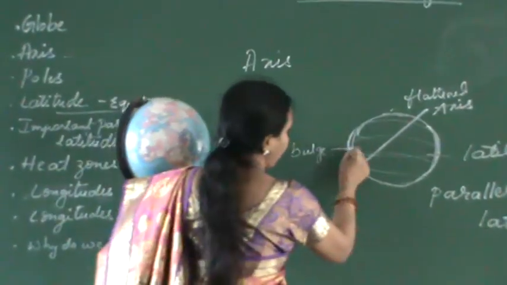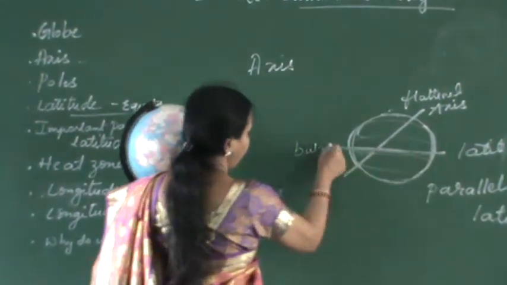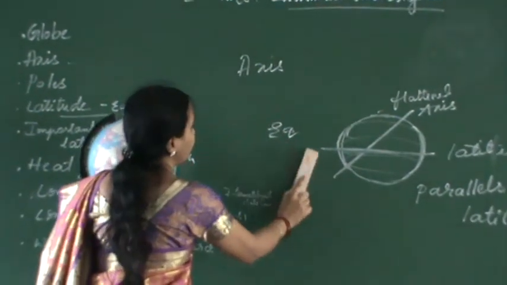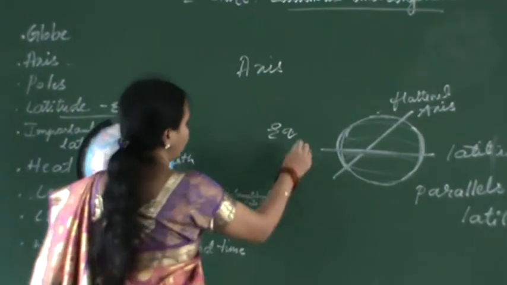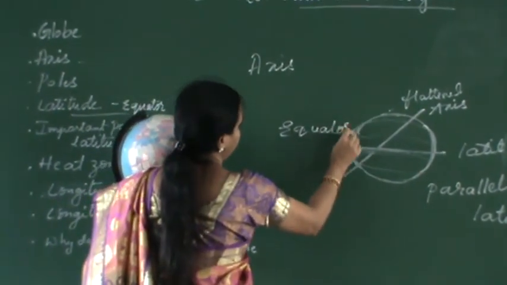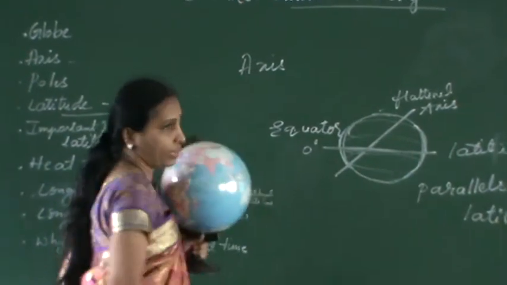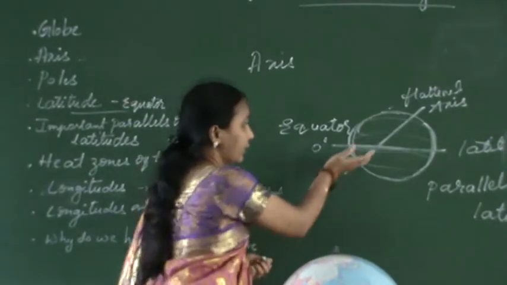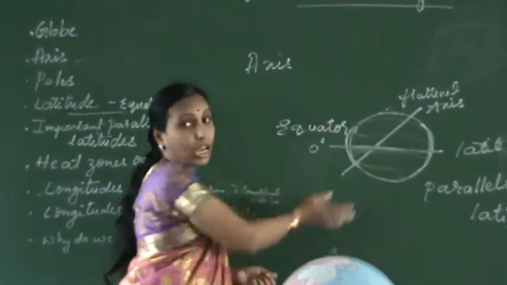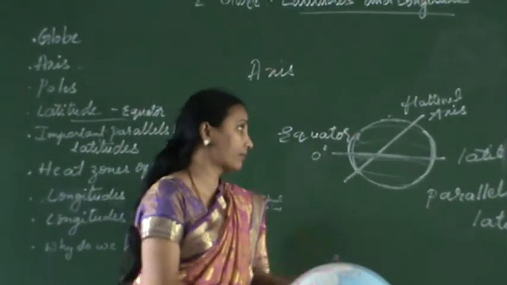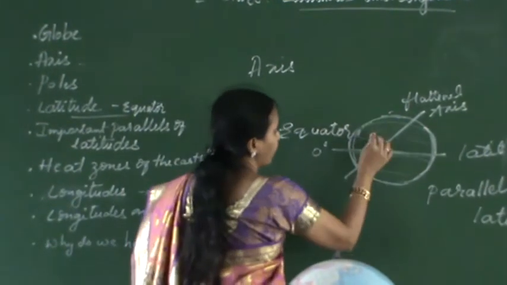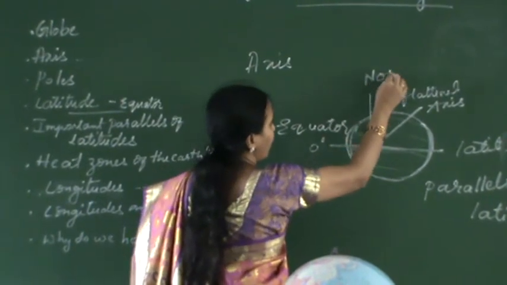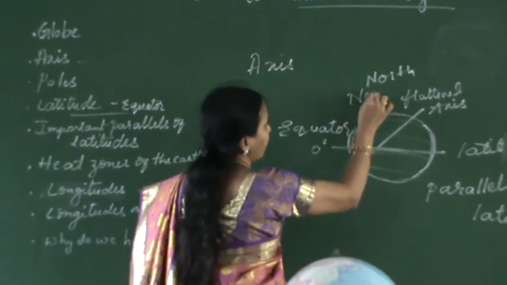This represents 0 degree. This latitude is called the equator. It represents 0 degree, and it divides the globe into two equal halves. The part from the equator towards the north side is called the northern hemisphere.